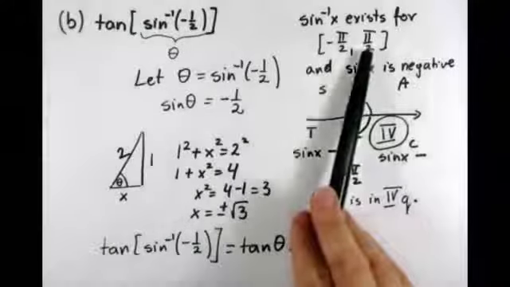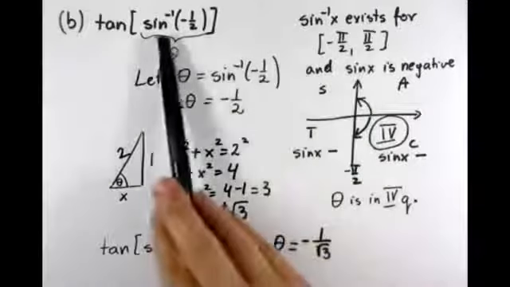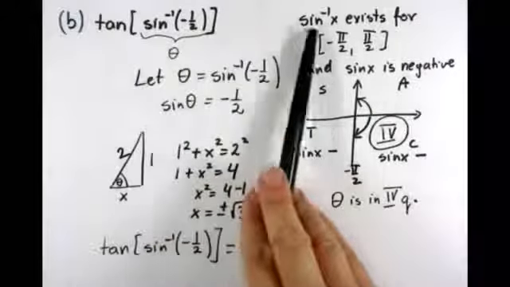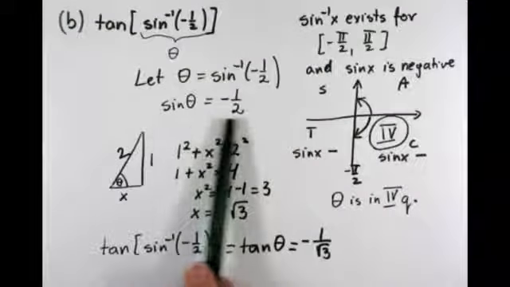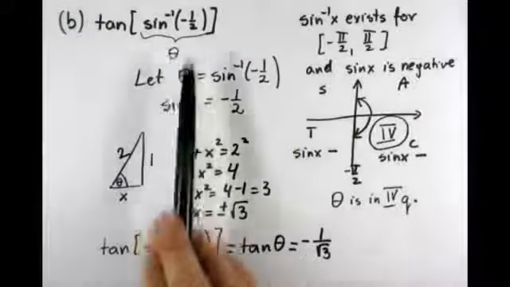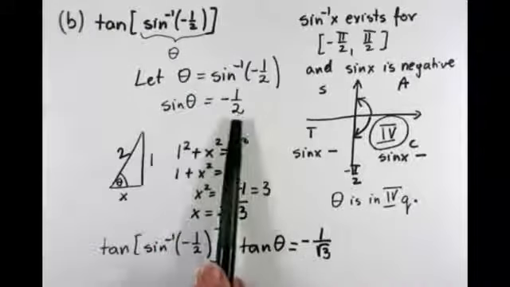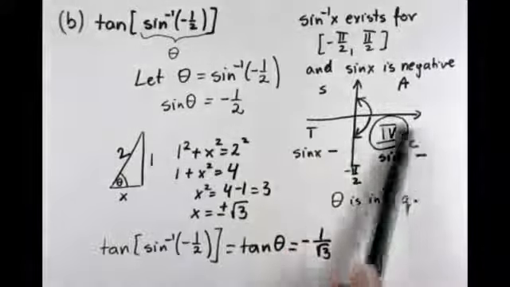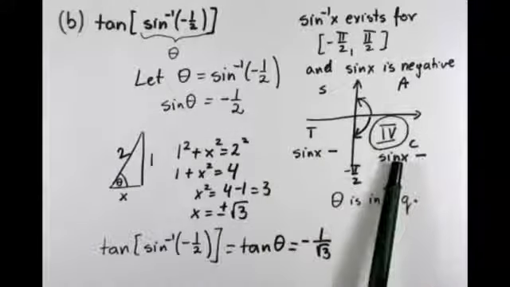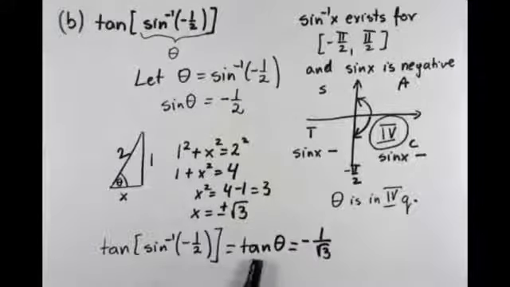The quadrant we identify using the inverse: when does the inverse exist? That's the first restriction. And the second restriction is from the given data. This one was theta, so your sine theta is negative. Those two restrictions give you the quadrant. Once you have the quadrant, then you can easily set up your final answer with the minus.